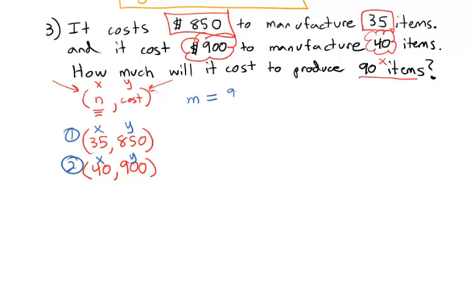So y2 is 900 minus y1 is 850 over x2, which is 40, minus x1, which is 35. 900 minus 850 is 50. 40 minus 35 is 5. And so we end up with 10. 10 is our slope.